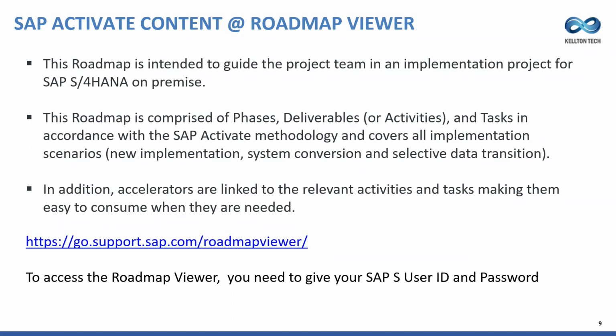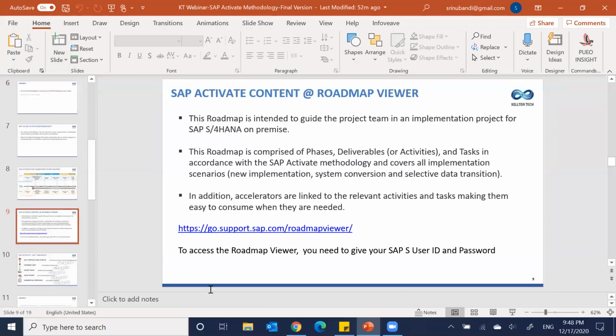They can have a fast-tracked way of looking at what precedes and what follows. So this is what typically happens, and that's the link. And you can access the content with an S user ID of SAP. Once you log in with the S user ID and password, you will be able to pick up the content. Let us see what it is.